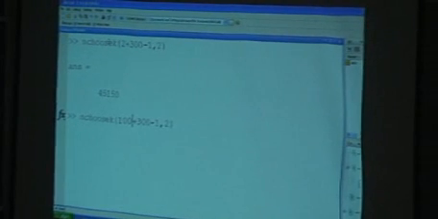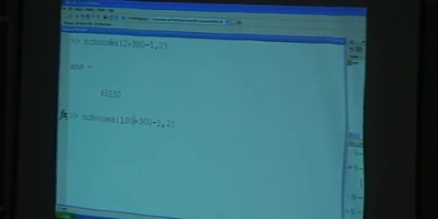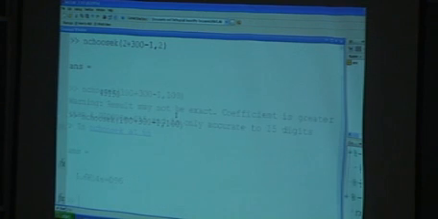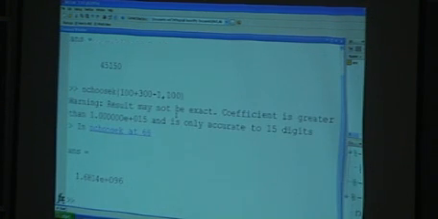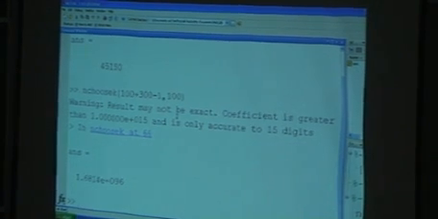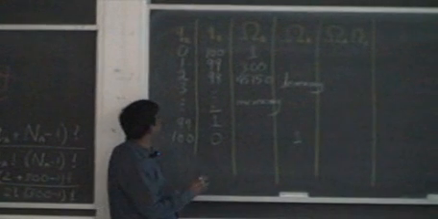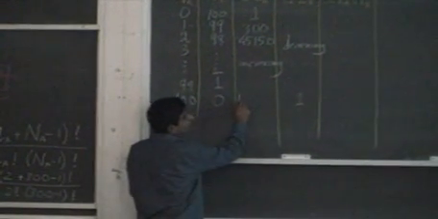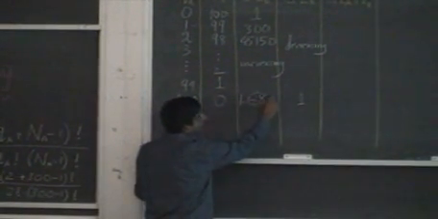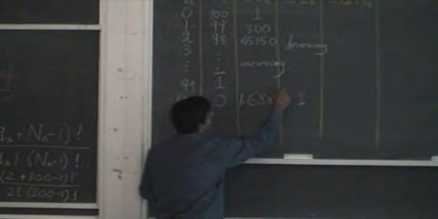So I put 100 here for the number of quanta, 300 is the number of oscillators, and I put 100 here. Now this is a huge number, a really huge number. Your normal calculators can't calculate this. So this number is about 1.6 into 10 raised to power 96.